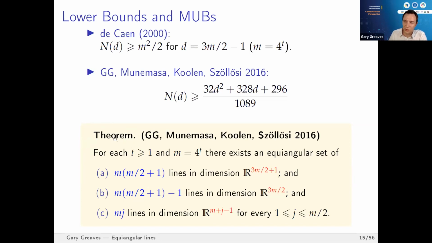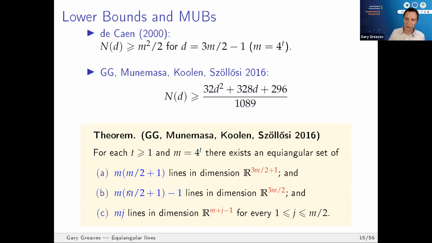So this is the main tool, and it says that for any power of 4, so m is again a power of 4, we can construct this number of lines, m times m over 2 plus 1, equiangular lines in dimension 3m over 2 plus 1, or this number of lines, so it's just the same number minus 1, equiangular lines in one fewer dimension, or m times j for this number of dimensions.